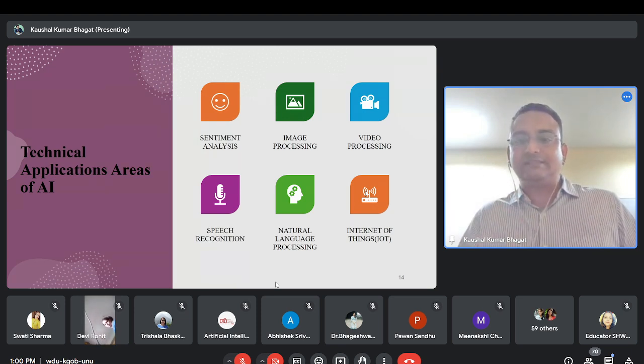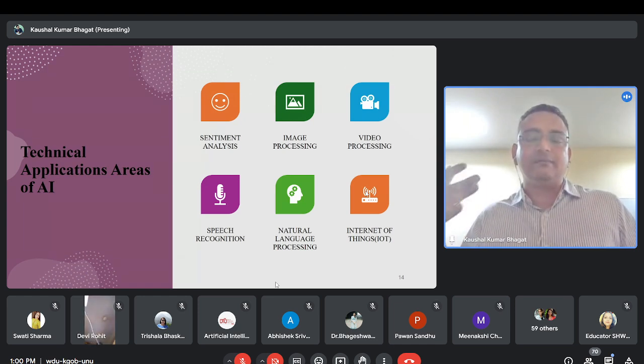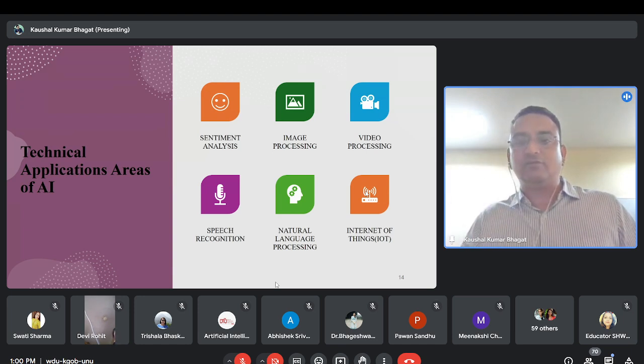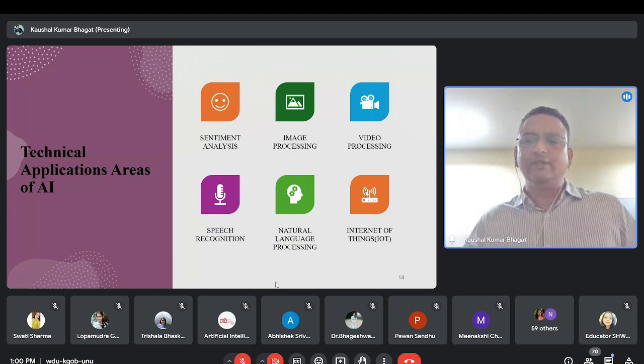There could be text generation also. What are the key problems when the students are taking my courses? From there, I can improve my teaching and my course content. Then image processing, as I mentioned, there are many applications, like QR code is provided there. Video processing is there if you are doing online courses or following the flipped classroom model where you are creating your own video.